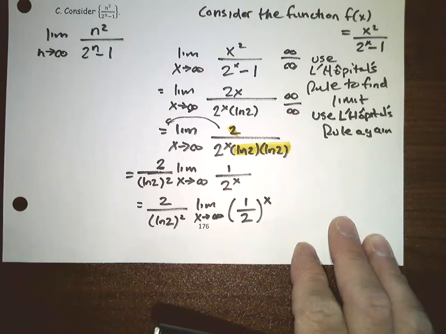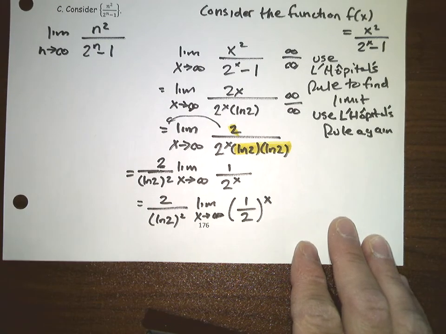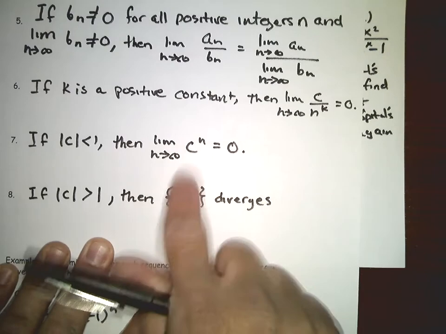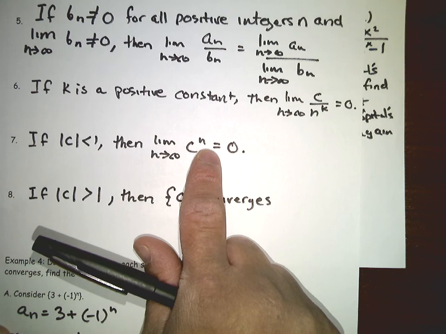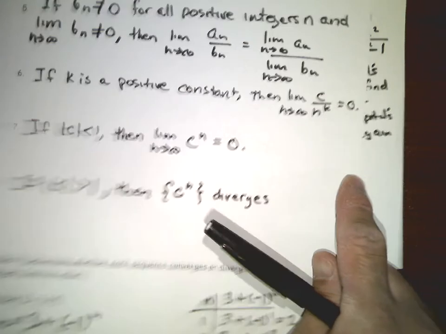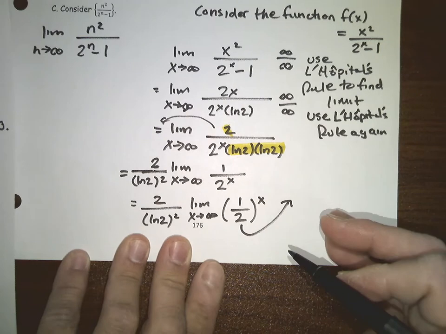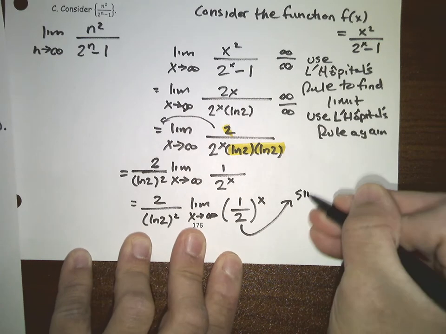And then what I'll notice here is, if you recall, some constant c to the power x is either 0 or diverges depending on what c is.